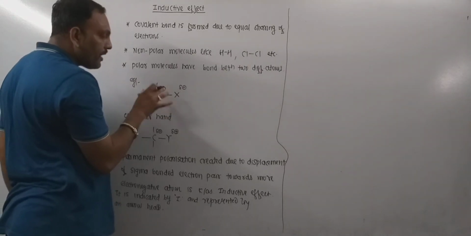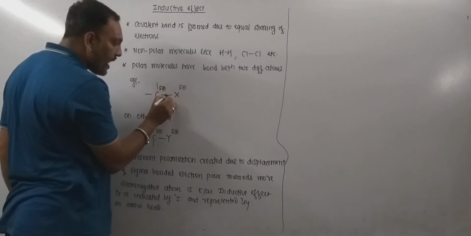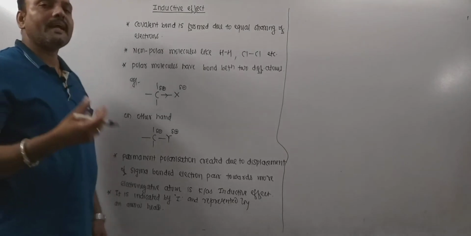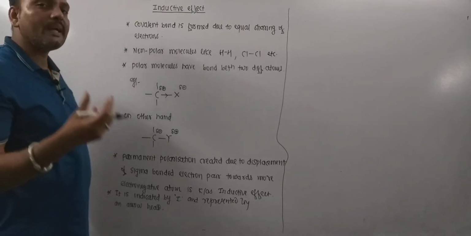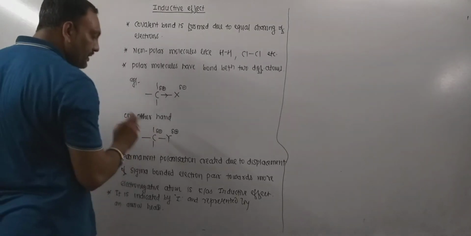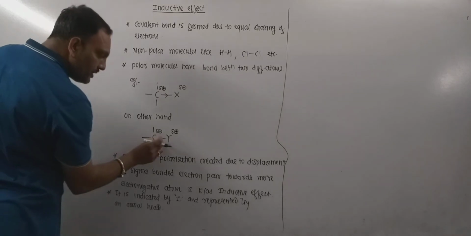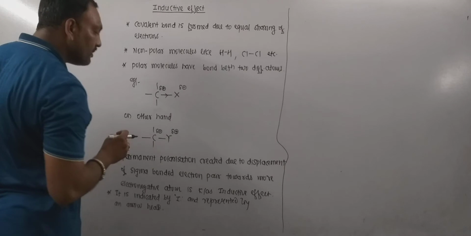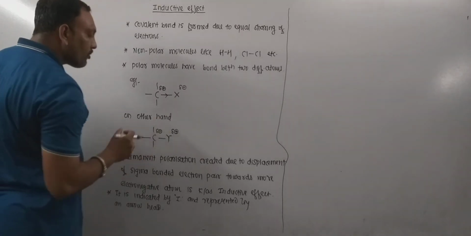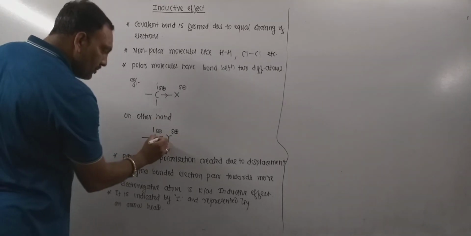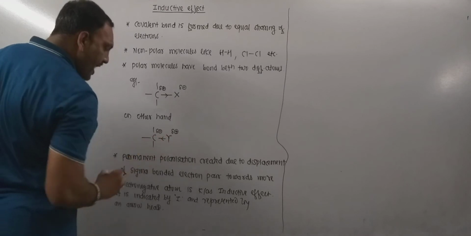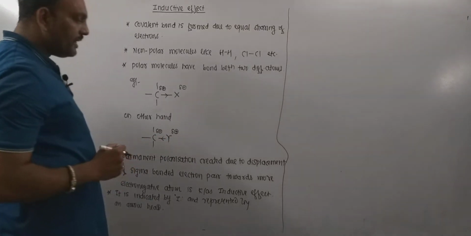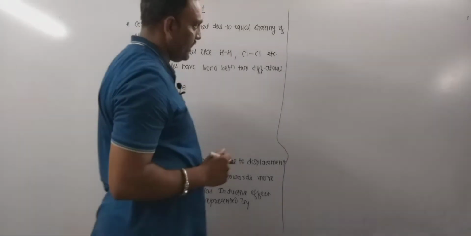Then the inductive effect in this bond can be shown by drawing an arrowhead on the bond in the direction where the electron pair is going to be displaced. And in this case, this electron pair displaces towards carbon, as we considered carbon more electronegative than Y. So the arrowhead can be drawn in this very direction. So it is represented by drawing an arrowhead.